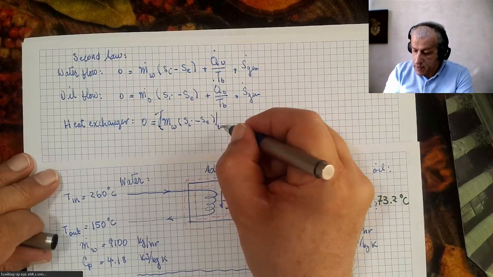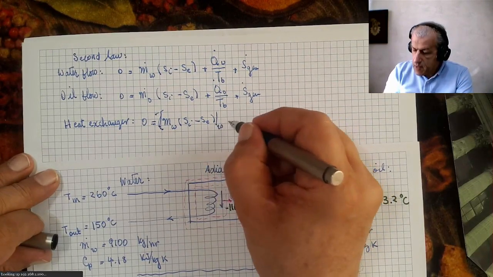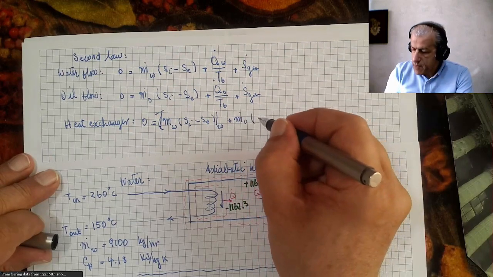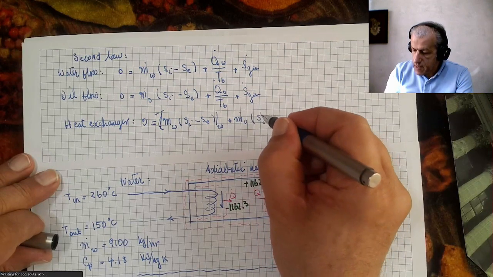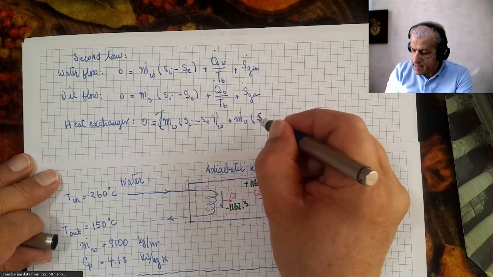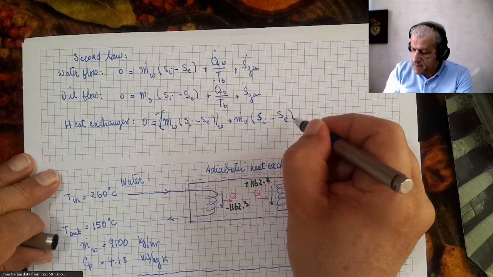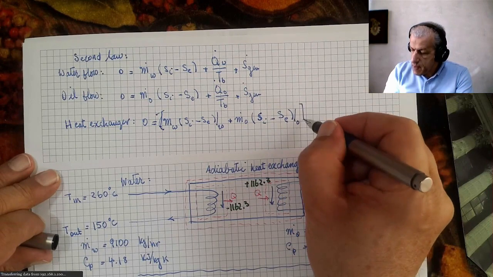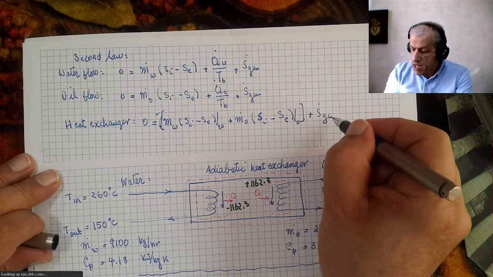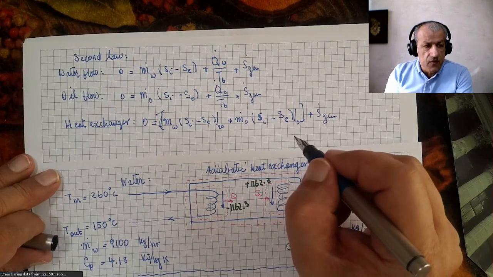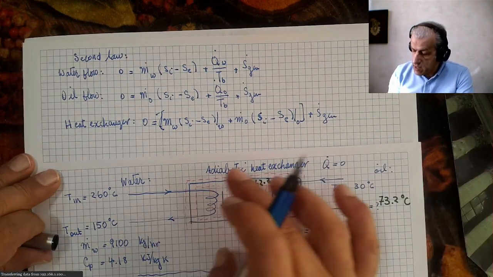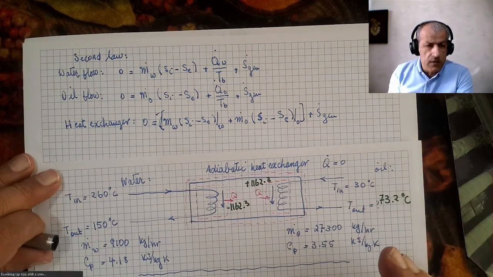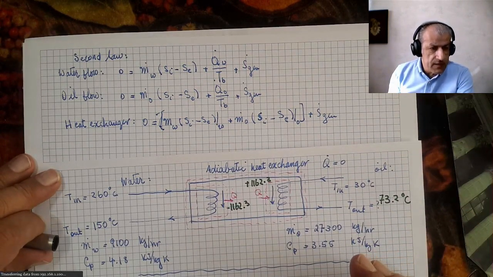This is for the water side, plus m dot oil times Si minus Se, and that is for the oil side, plus S dot gen, and there is no heat transfer for the heat exchanger to the surrounding. The heat exchanger has no heat transfer to the surrounding, so Q dot over Tb would be 0.